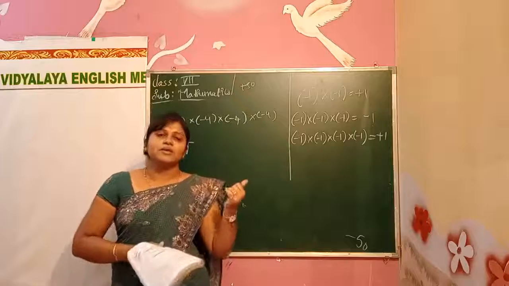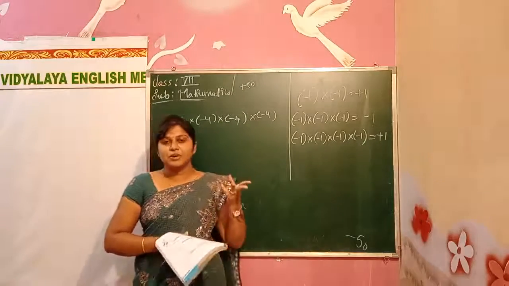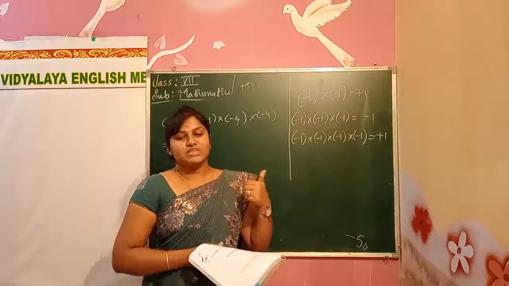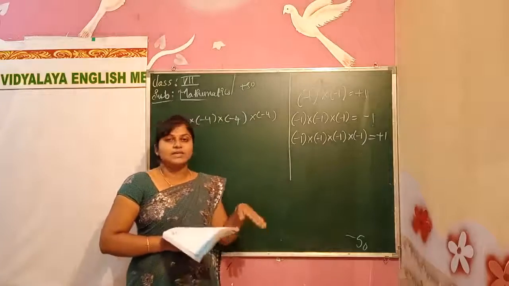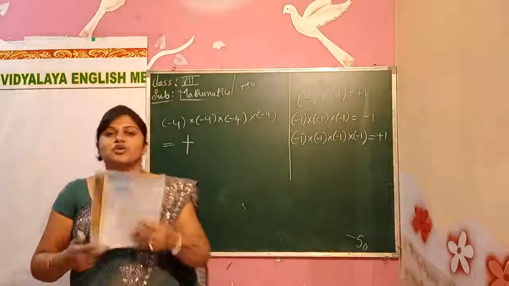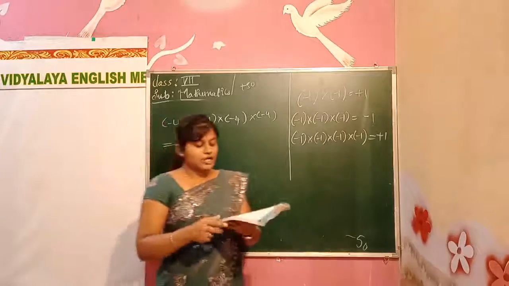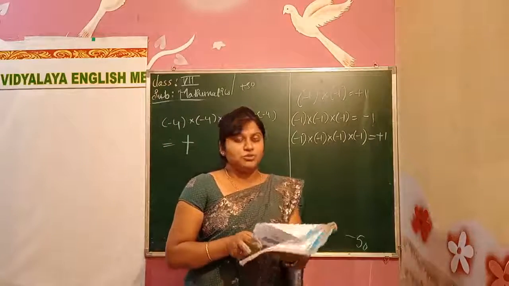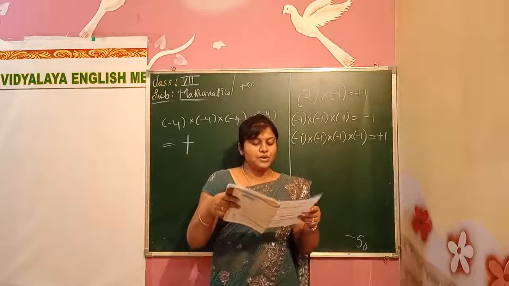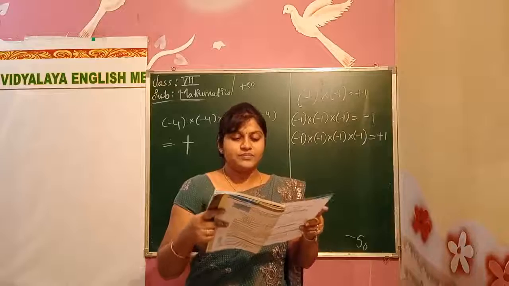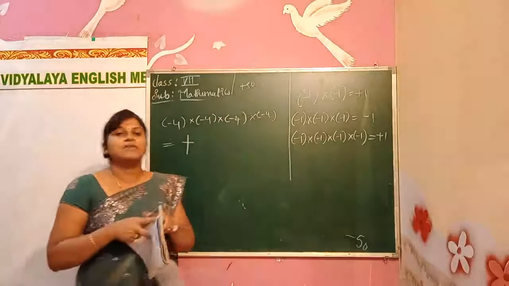We have the closure property, commutative property, multiplication by 0, multiplicative identity, associative property, and distributive property, which is the extra property we have in this.